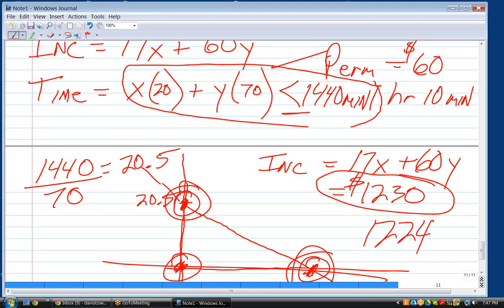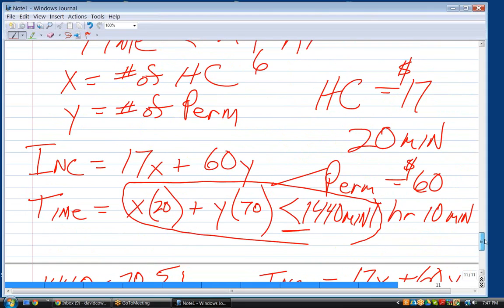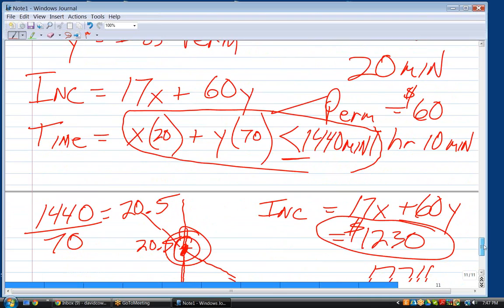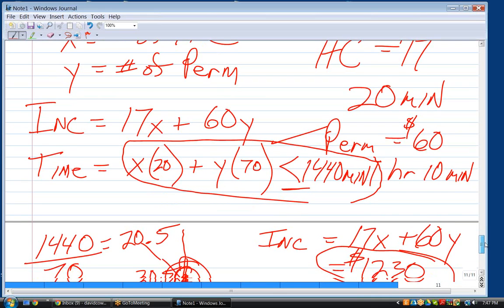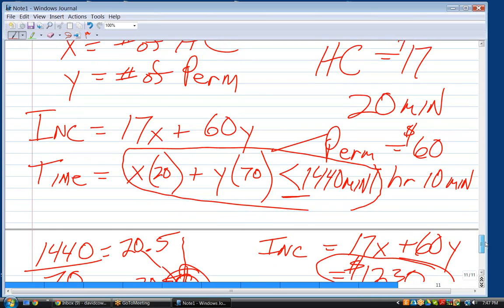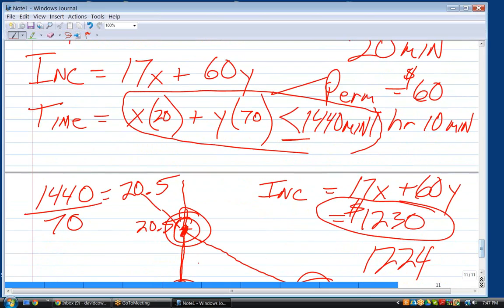However, that gives you an extra 30 minutes to do a haircut, but that would only give you one haircut. In other words, you do 20 permanents and one haircut.